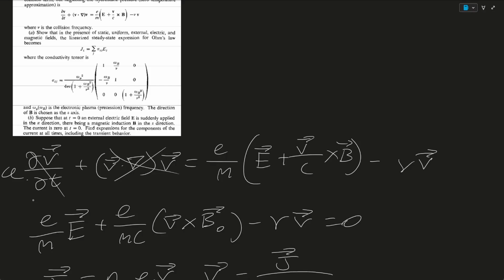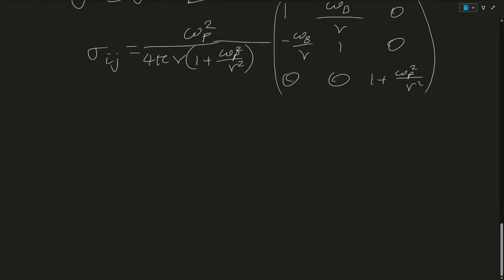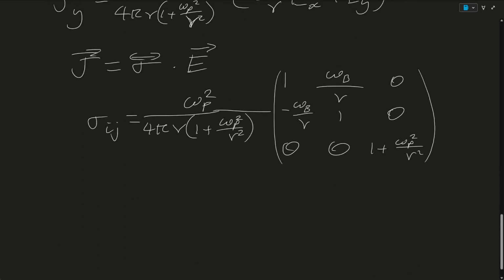Find expressions for the components of the current at all times, including transient behavior. This sounds like a differential equation. Who would have guessed? When you're working with partial differential equations, you have to solve a differential equation.